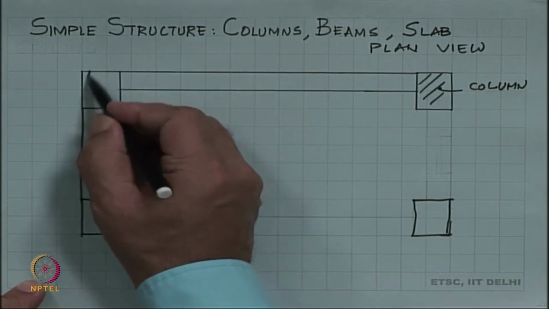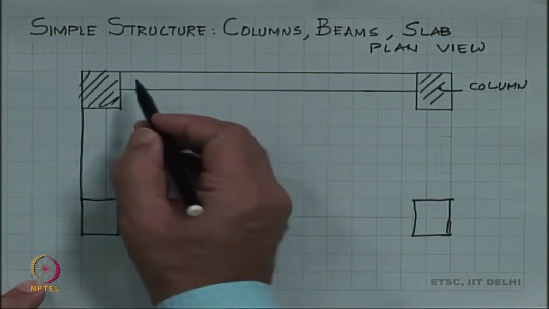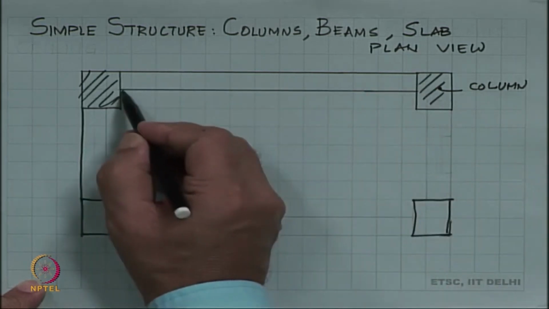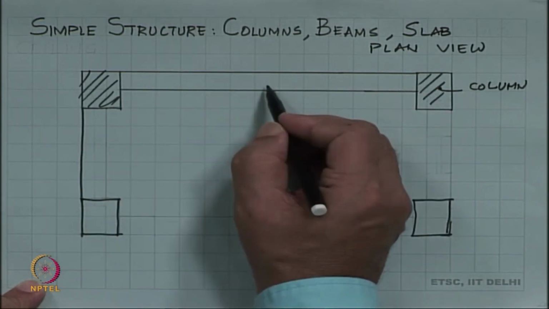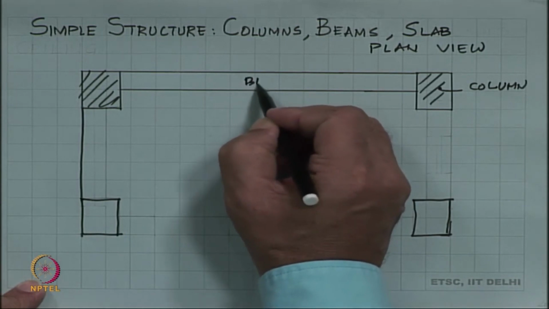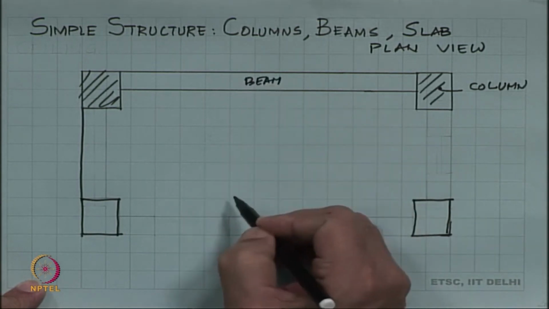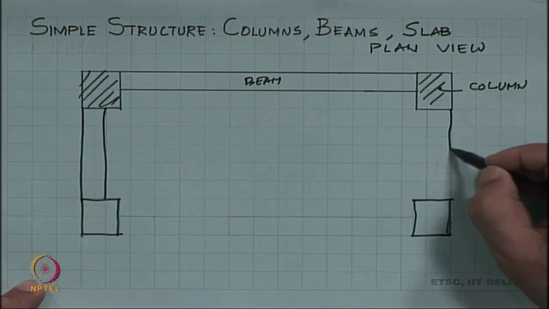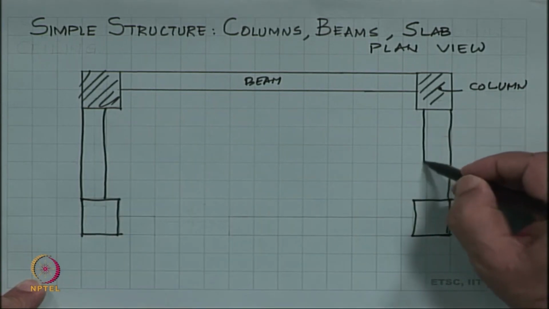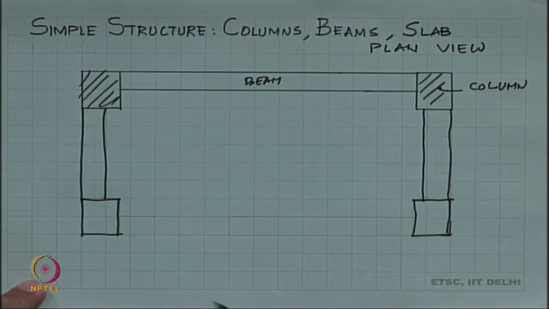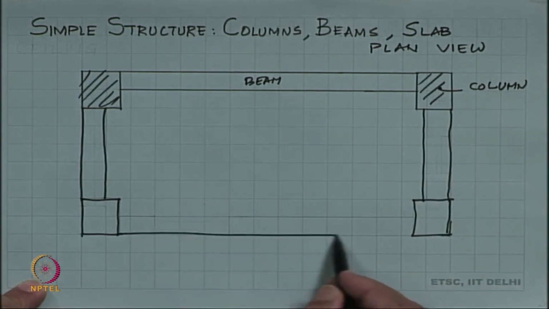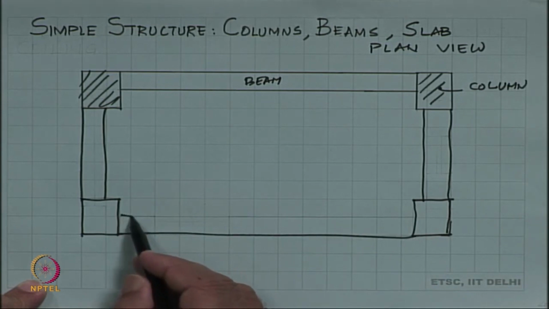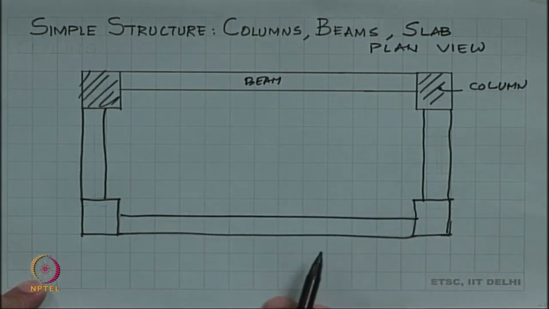Between these two columns, which are rising upwards, we have put one more structure here. This is our beam. Similarly, there could be a beam there and a beam here. And to complete the structure, we could have this.